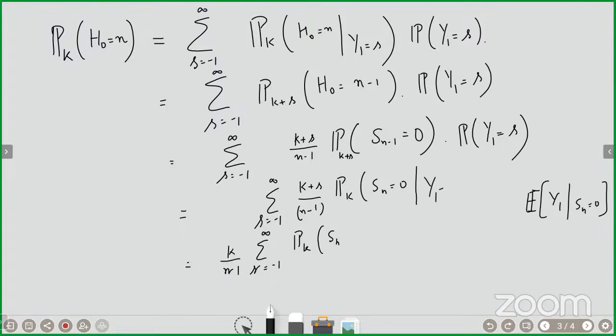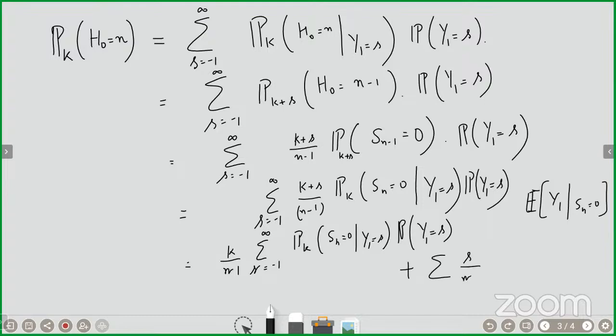This is now equal to 0. Plus this is the interesting one, s over s times.